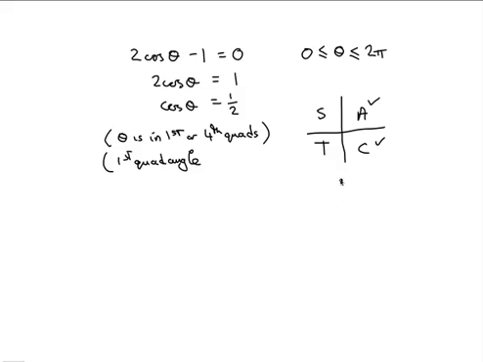Now the diagram we need for this one is an equilateral triangle chopped in half. Each side is 2. So this part of it would be 1, and the third side is root 3. This, remember, is pi upon 3 radians, and this would be pi upon 6 radians.